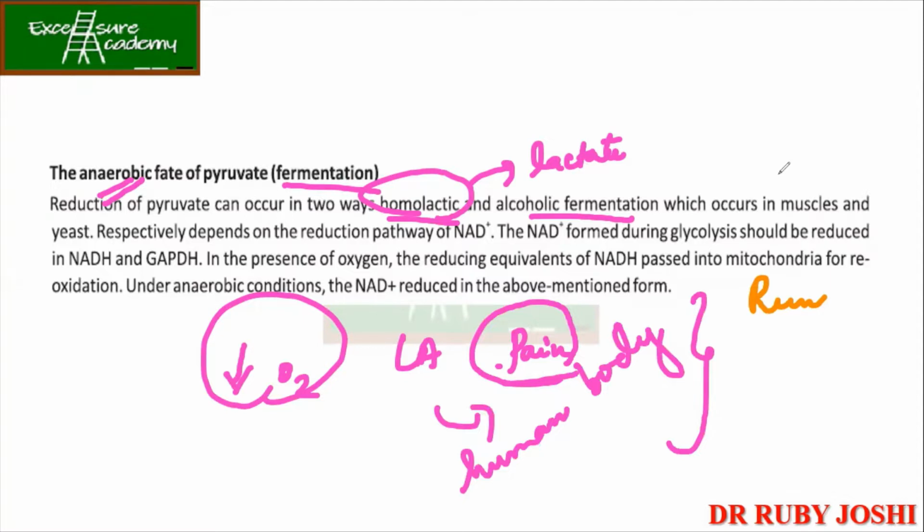My knees will start paining, right? And after some time, when my breathing becomes normal, the pain will also go. So that is lactic acid accumulation in my joints, because of the low oxygen level, it is getting accumulated, and this accumulation results in pain in my body. अभी समझ में आया?